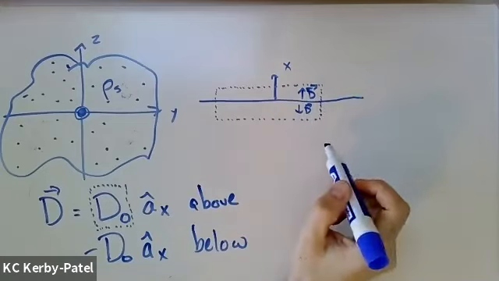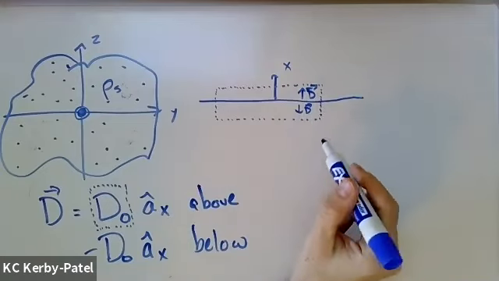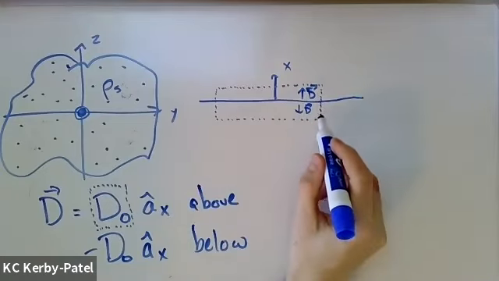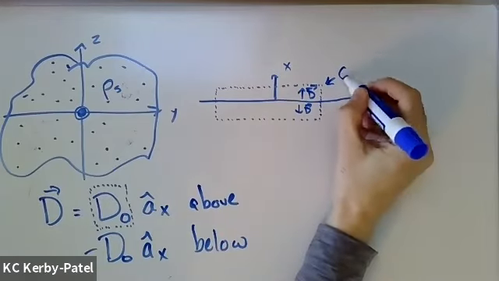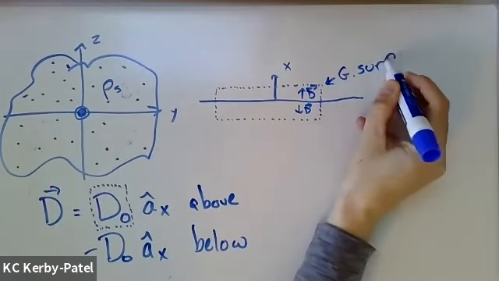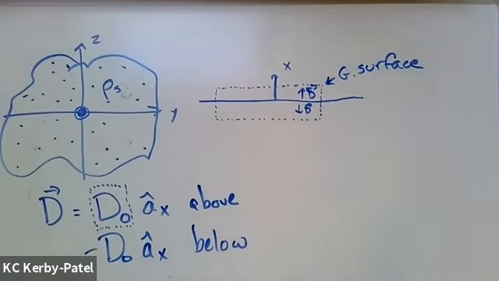So here's the thing. We've defined our Gaussian surface. And now we can set up our electric flux integral and our enclosed charge integral, right?